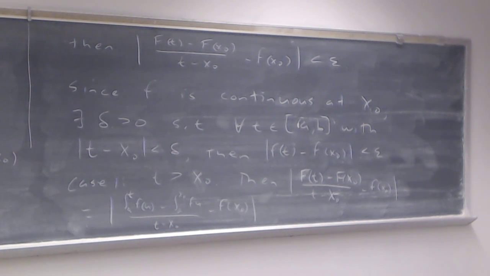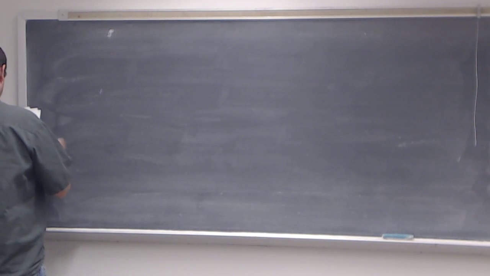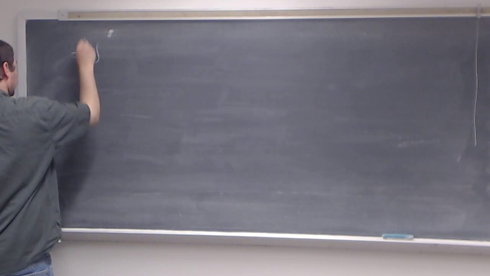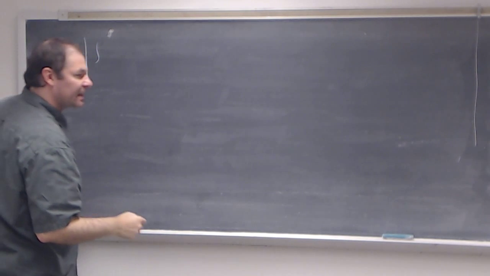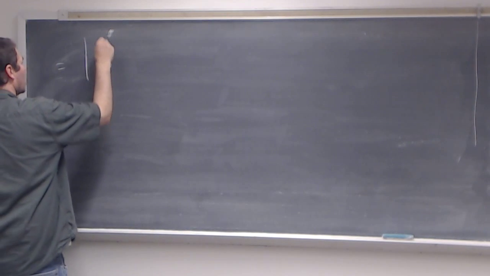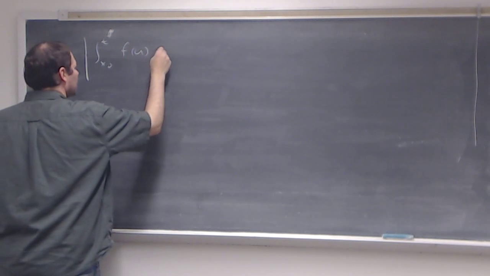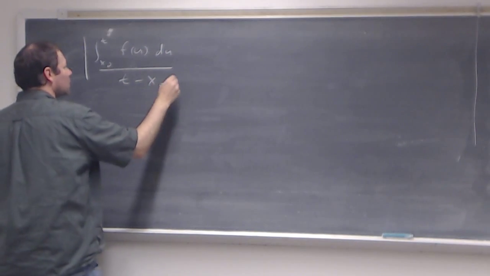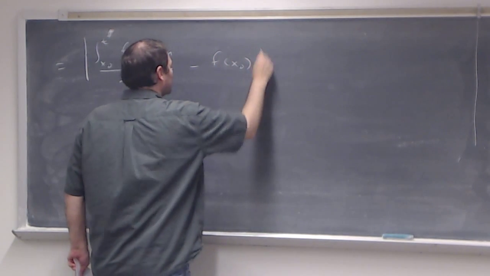We'll work with that a little bit more over here. All right, that's going to be equal to the absolute value of the integral, let's say t is bigger than x naught, so really this is going to be the integral from x naught to t of little f of u du over t minus x naught minus f of x naught, getting a common denominator now.